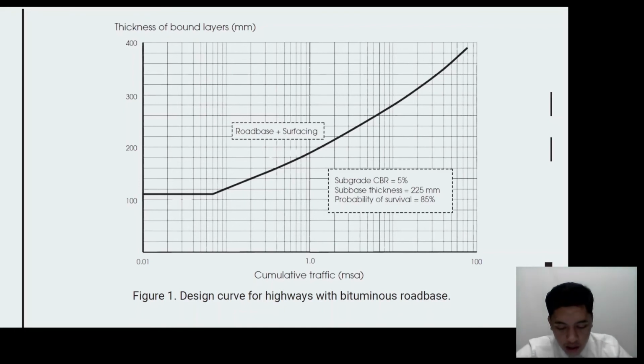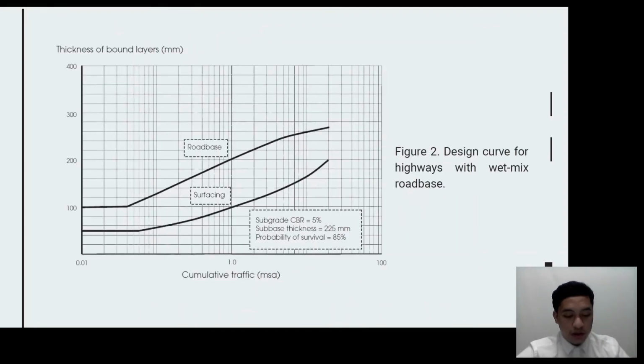Just like in the highways with bituminous road base, we see the subgrade CBR to be about 5% with a thickness of 225 millimeters and with a probability of survival of also 85%. And lastly, figure number 3 shows the design curve for highways with lean concrete road base.